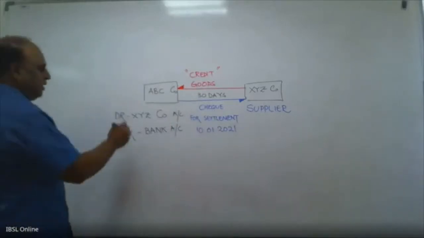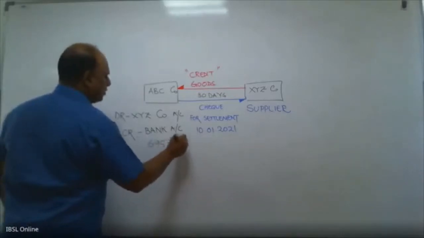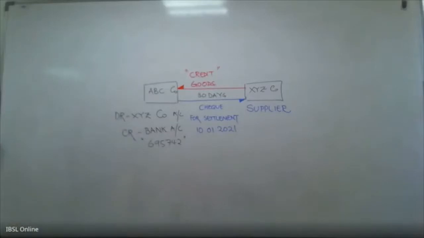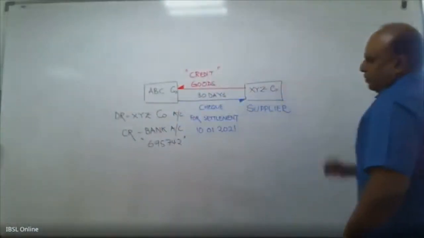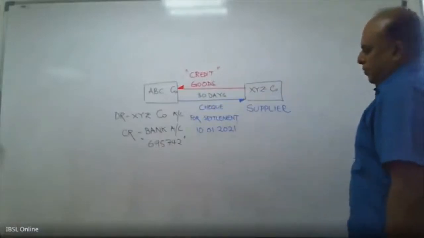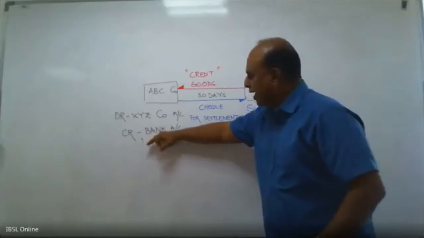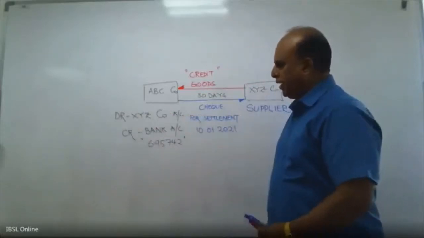Okay, so let's say 695742 is your check number. You have given the check. So the creditor who has supplied goods to you, now when this happens, you have marked this in your cash book. Debit XYZ company, you have reduced your creditor.